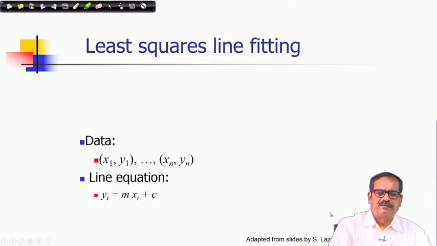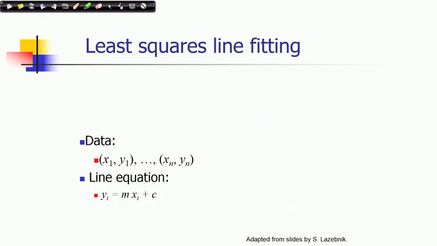So, let us first consider the technique of least squares for line fitting. The problem here is that you have data given in the form of a set of two dimensional points. There are n points and their coordinates are denoted in this form.